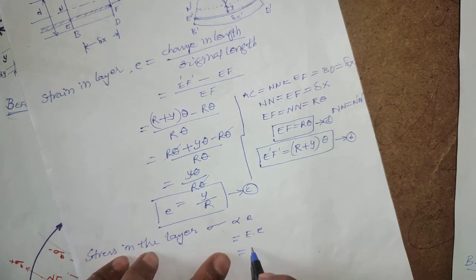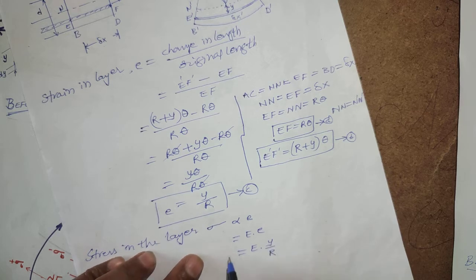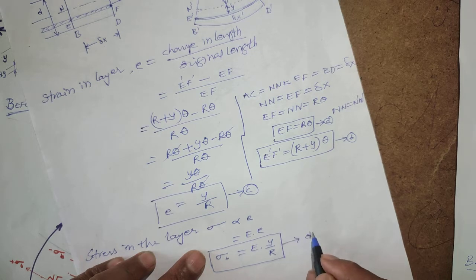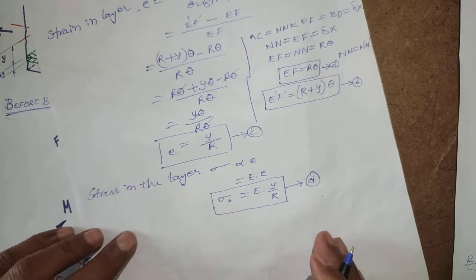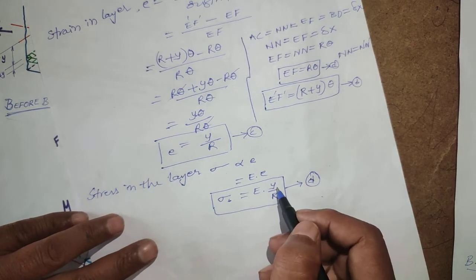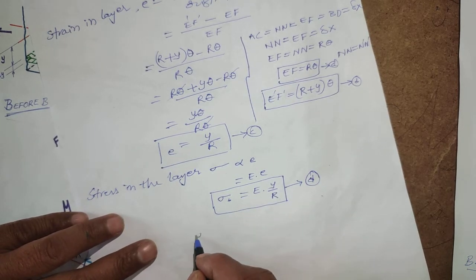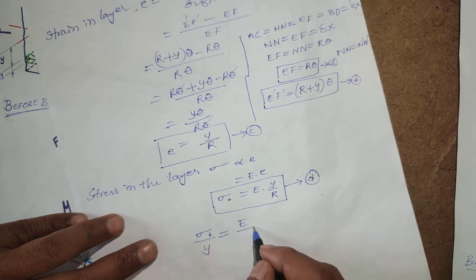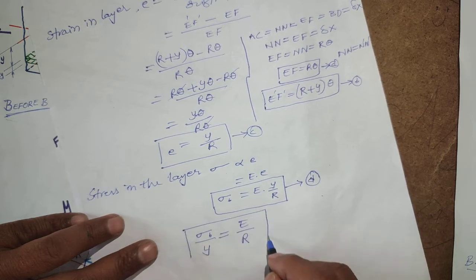You will get E into Y by R. It is the bending stress. Take it as D. Then extend this equation like this: Sigma B divided by y is equivalent to E by R. So this is equation 1.